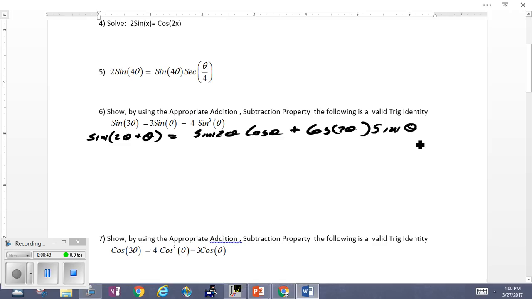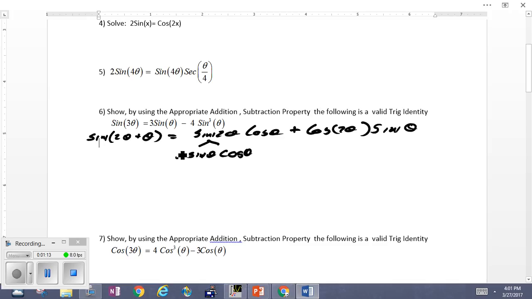So that's sine A cosine B plus cosine A sine B. Now, sine 2 theta is a double angle identity, which we just recently saw, and that was 2 sine of theta cosine of theta.